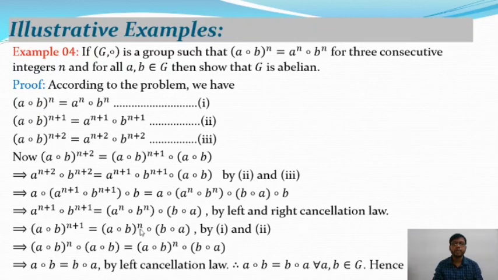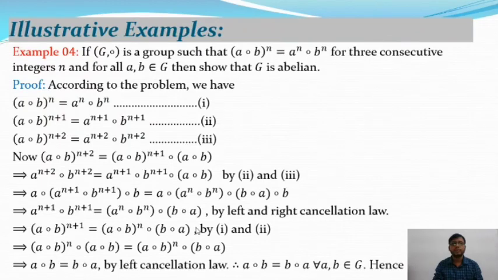So applying 1 and 2, the first and second relation, we get this: b ∘ a. Again (a∘b)^(n+1) can be written as (a∘b)^n ∘ (a∘b), and it equals (a∘b)^n ∘ b ∘ a. Again applying the left cancellation law, from the above equation we have a∘b equals b∘a. That means a∘b equals b∘a for all a, b belongs to G. So hence G is abelian.